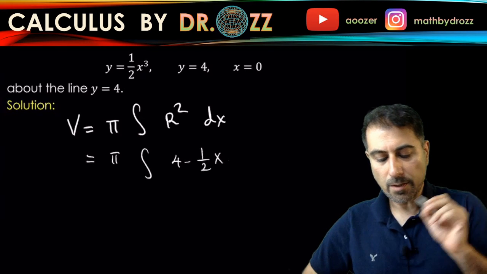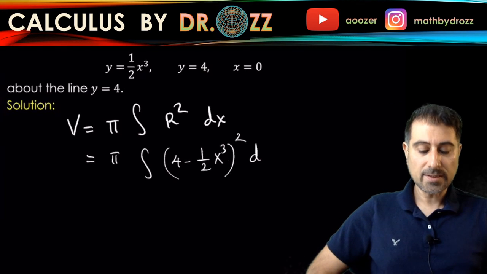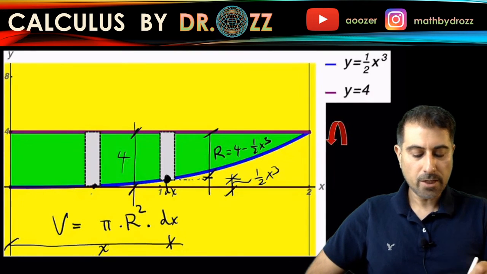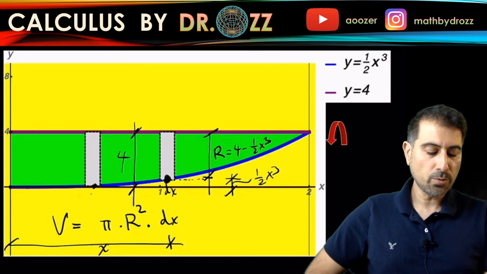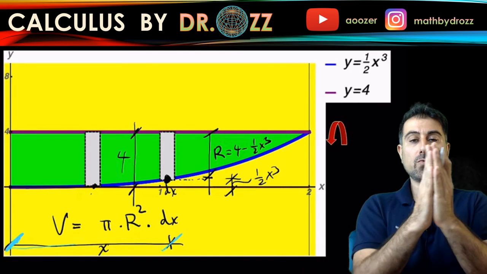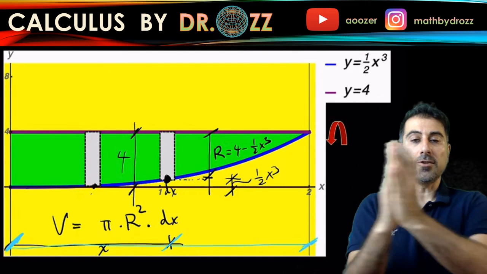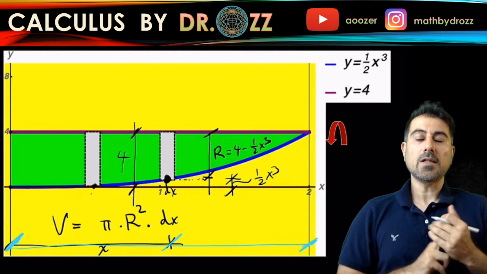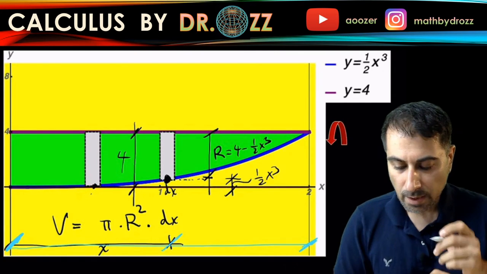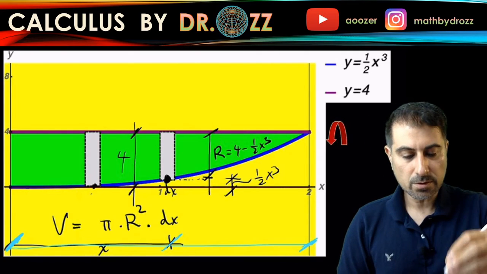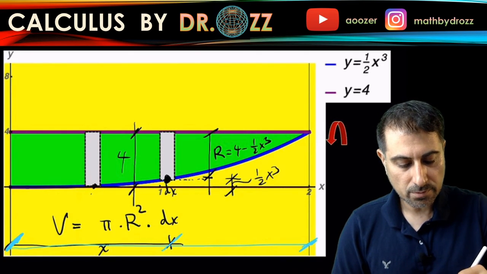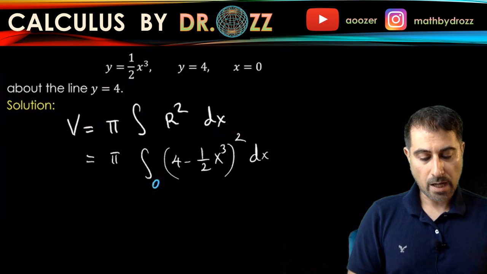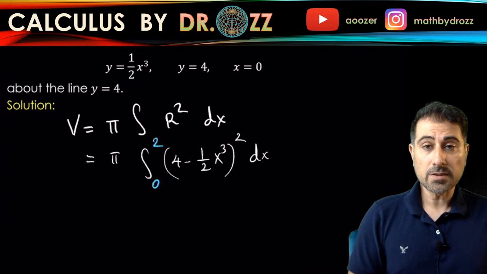And how about the limits? The x's I picked here range from 0 all the way to 2. If I move slightly to the left or the right within my region, the location of the disk would vary from x equals 0 to x equals 2, so I place those limits in. The rest is just evaluation of the definite integral.